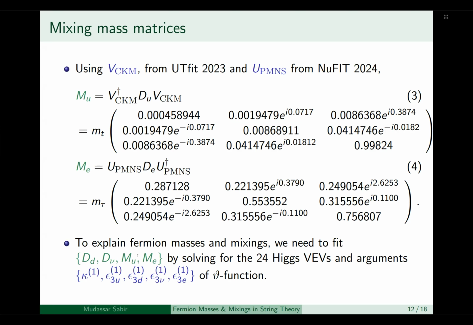The Yukawa couplings depend on parameters like kappa, which is the same for all the first torus, but these shifts can be changed for each matrix. So epsilon u, epsilon d, epsilon nu, epsilon e change for each of the different sectors, but kappa remains the same for all the 4 matrices.